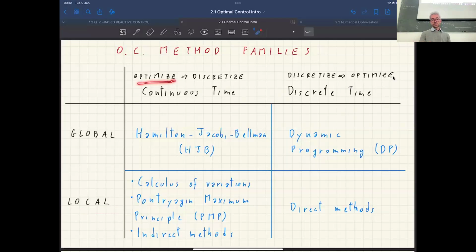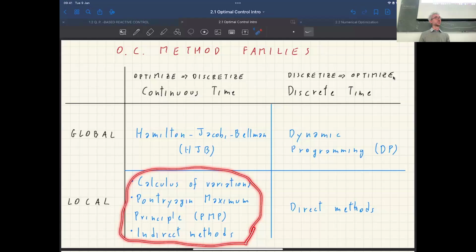If you go for the first route, so optimization first and discretization later, you get these methods here that are known under many different names: indirect methods, or Pontryagin maximum principle, or calculus of variations. These are terms that are used to refer basically to the same class of methods.